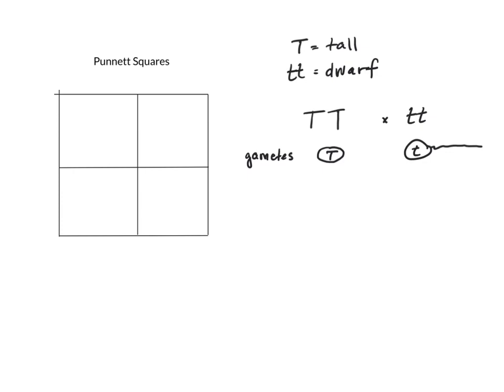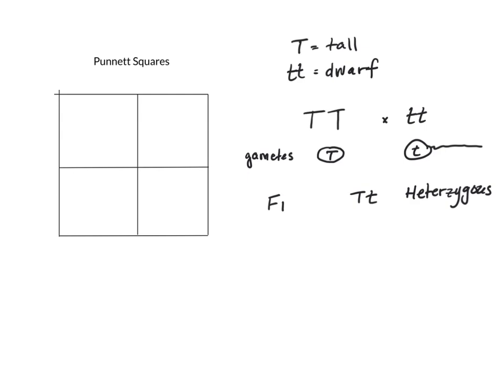So when you do this cross, true breeding tall by a true breeding dwarf plant, 100% of the offspring, which we're going to call the F1, the first filial generation, will be what we call heterozygous. Heterozygous means that they have one of each, so one dominant allele and one recessive allele.